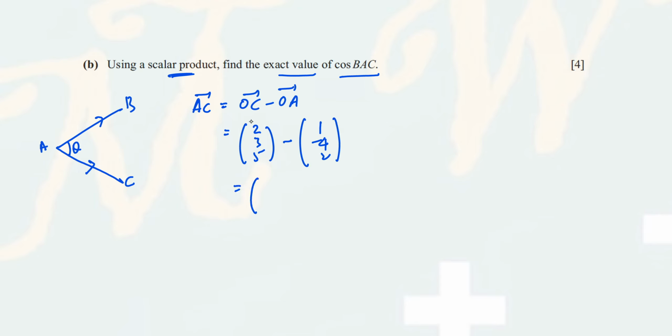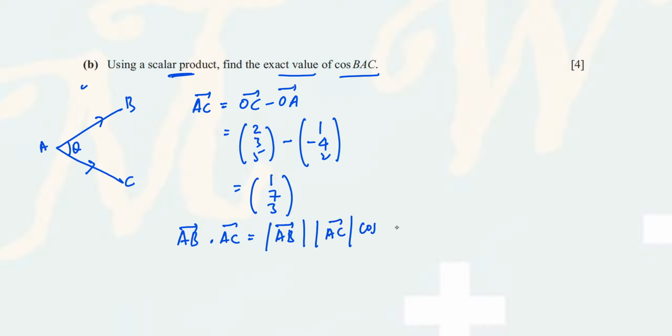Then from here, 2 minus 1 is 1. 3 minus minus 4 is 7. 5 minus 2 is 3. Okay, I have found the vector AC. And based on this diagram, my scalar products formula: AB dot AC equals magnitude AB, magnitude AC, cos BAC.